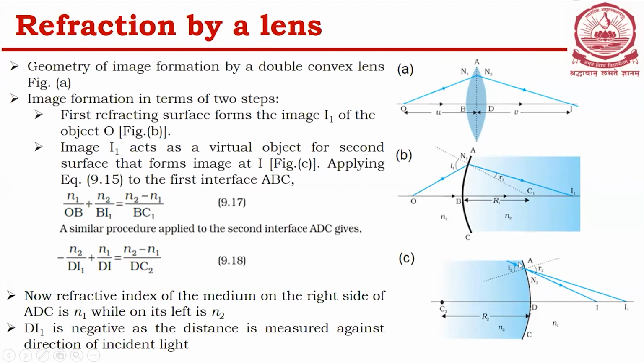So the first surface forms an image at I1, this I1 is the object point for the second surface, and the final image forms at I. Please remember these equations 9.17 and 9.18.